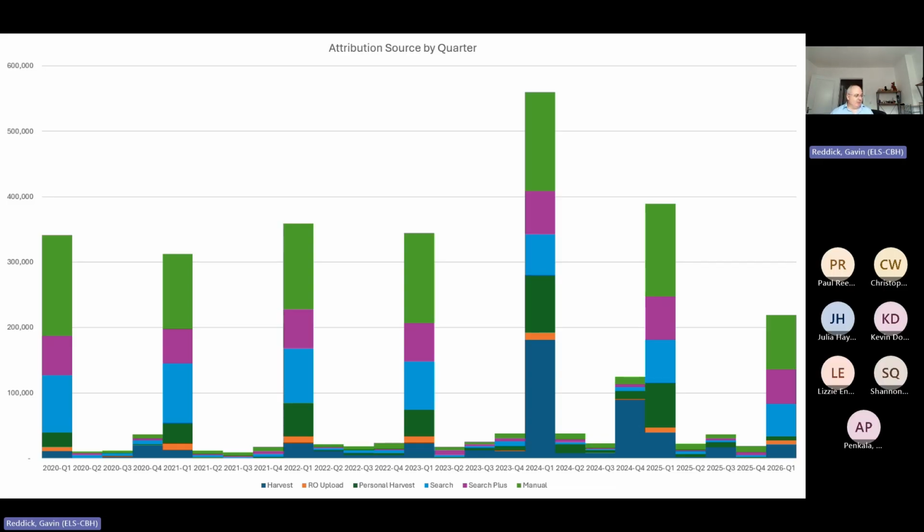Next, we have the blue, which is the search. This is where the user is able to use one of the API connections or databases to find their output, select it, and report without needing to do anything manually. That's the whole output. This dark green color is personal harvest. This is where we've been able to harvest the output entirely, but there is no attribution to a grant, and so it's put into the researcher's personal portfolio.